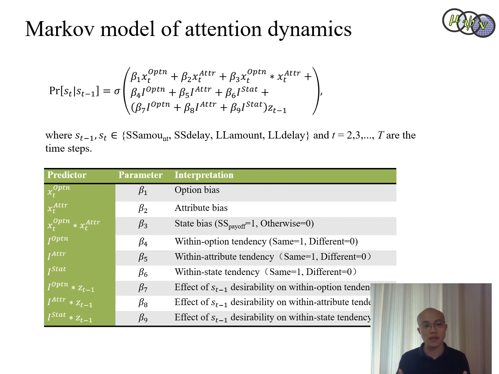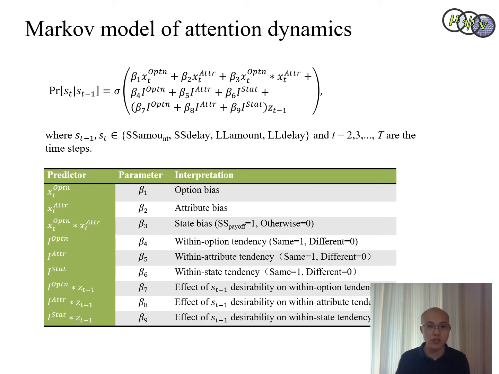Furthermore, we write each of the transition probabilities as a function of 9 different predictors. Due to time limits, I'm not going to introduce all of those 9 predictors, but if you're interested, you can pause a while to take a look at the function and the tables here.